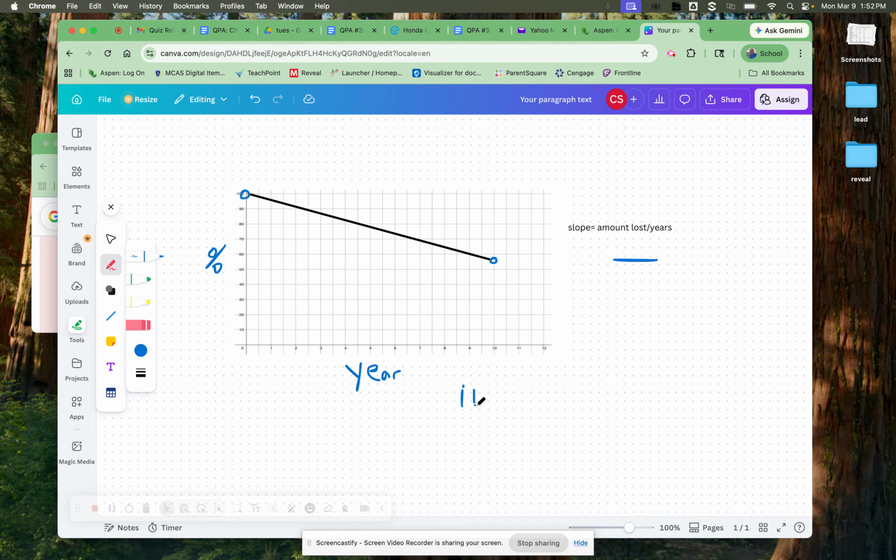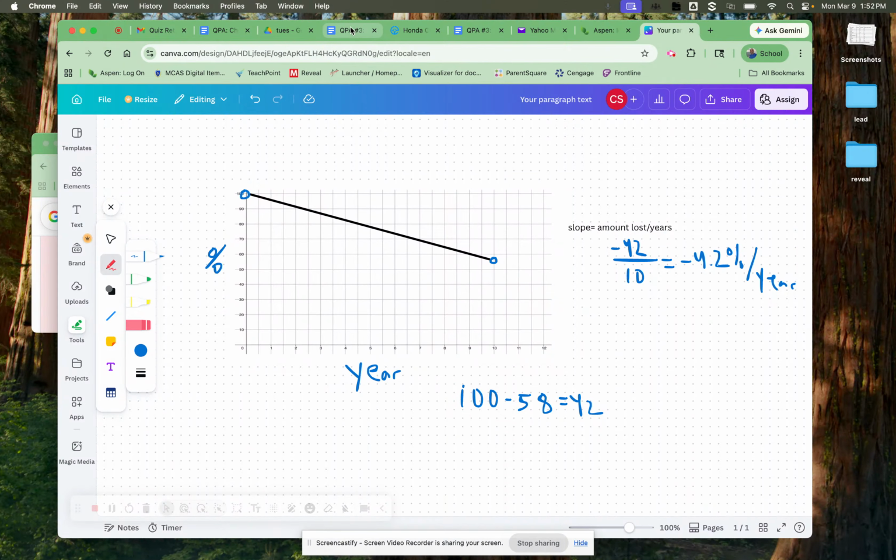So I'm going to do 100 minus 58, and I'm going to get 42%. So it lost 42% over 10 years. Remember, it lost, so I need to make sure I put negative. I'm going to divide those two, and I'm going to get negative 4.2 percent per year.